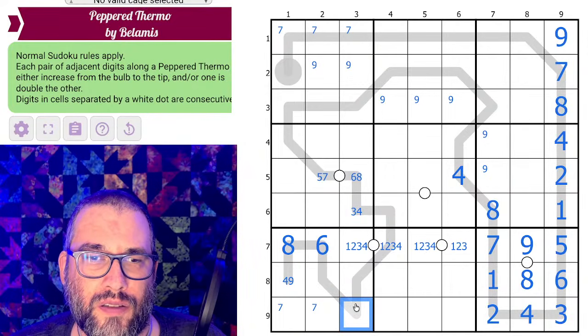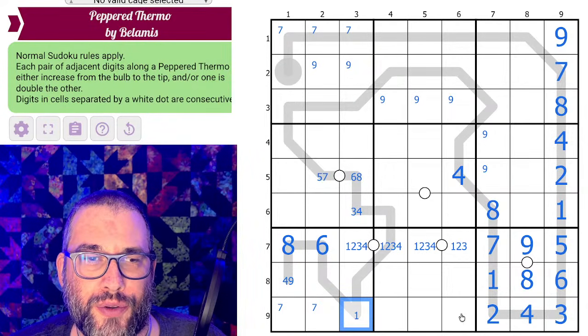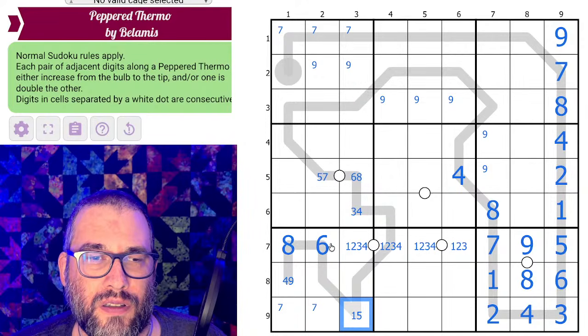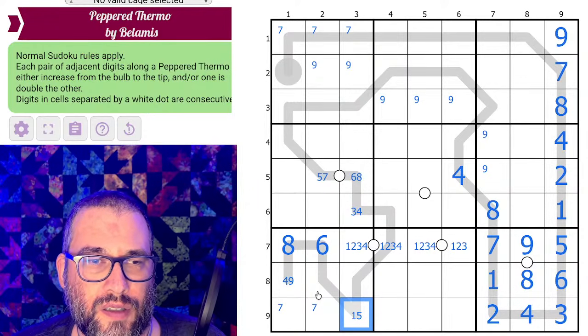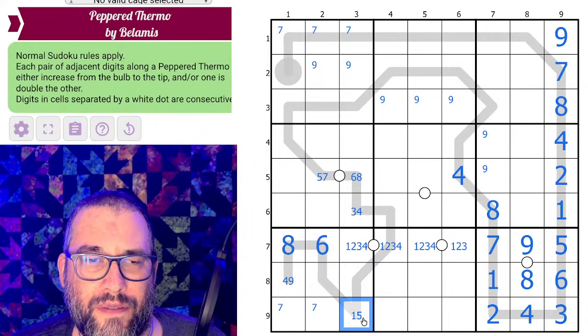Okay. This could be a 1. It's not 2, 3, 4. Could be a 5. It's not 6 or 8. It's not 7. So 1 or 5. Now 5 just doesn't work.